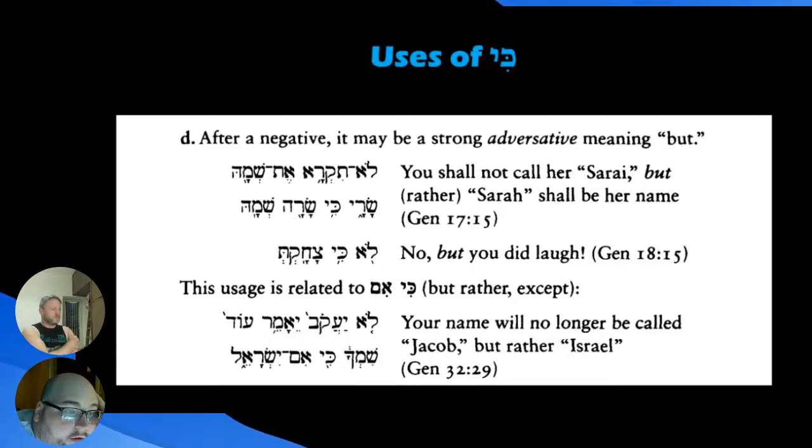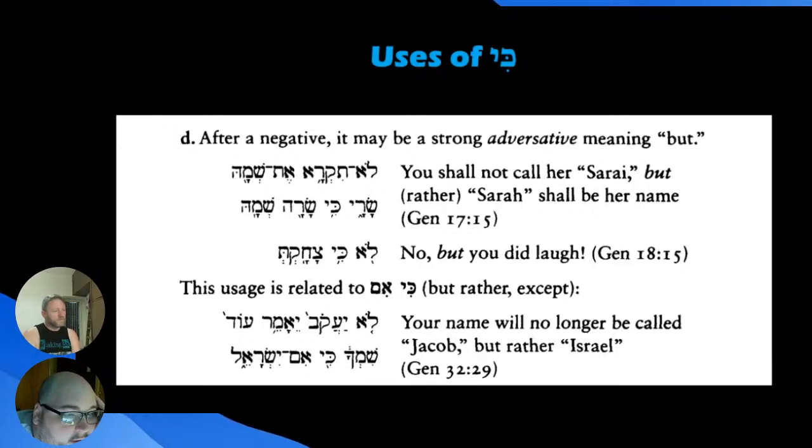After a negative, it may be a strong adversative, meaning but. Lo tikra et shma Sarai, ki Sarah shma. You shall not call her Sarai, but rather Sarah shall be her name.